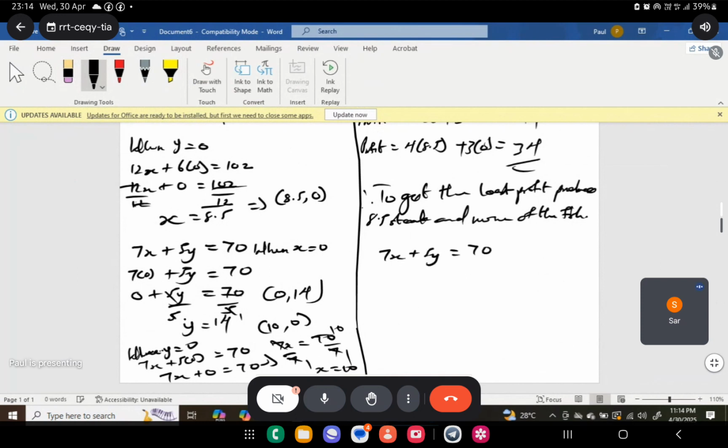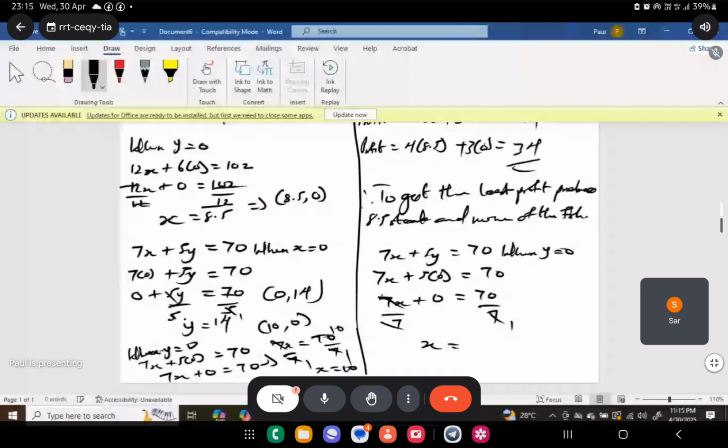And I said that when y is 0, so 7x plus 5 times 0 is 70. So this will give us 0. You divide it by 7, you divide it by 7. This cancels this. So, x equal to what? That's how I got 10.